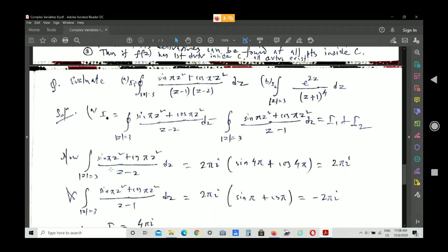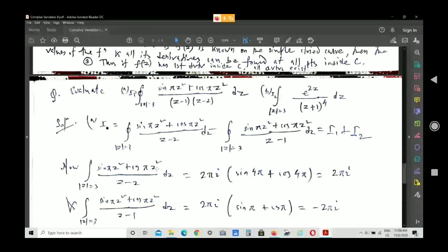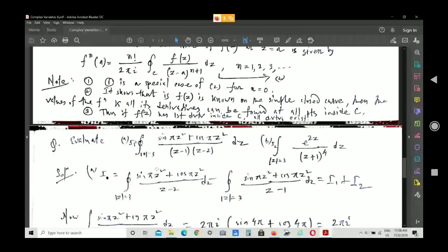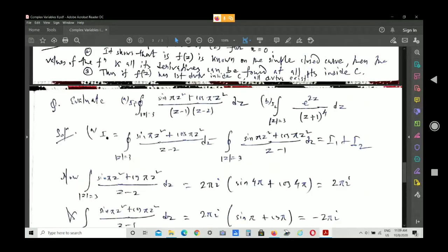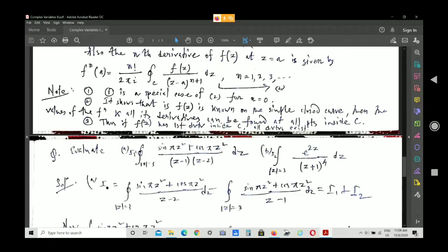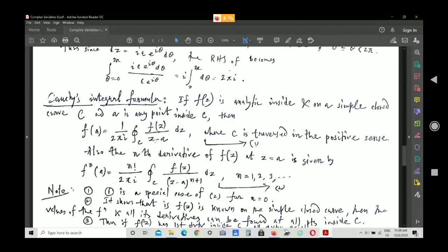Here, while integrating this part, we have got this result. From where did we get this result? Here we have applied Cauchy's integral formula. Now you see how this Cauchy's integral formula is.